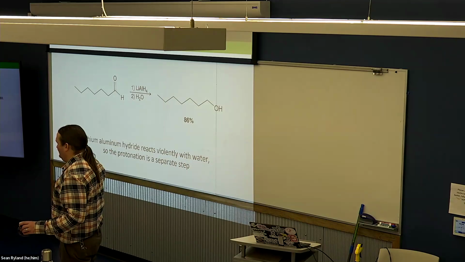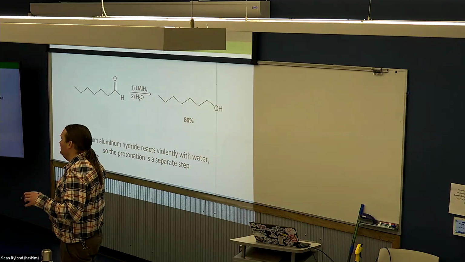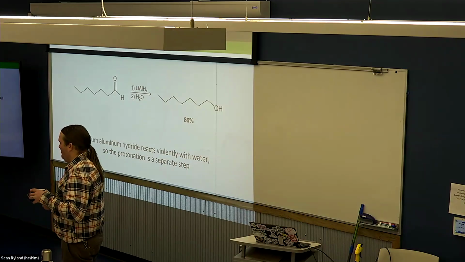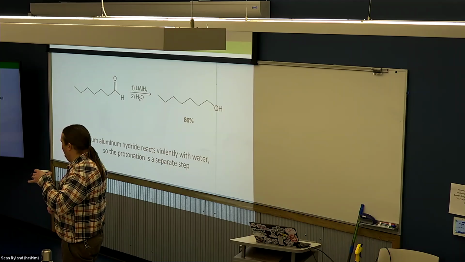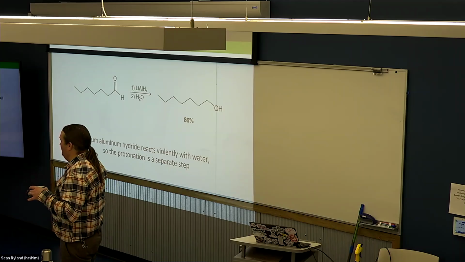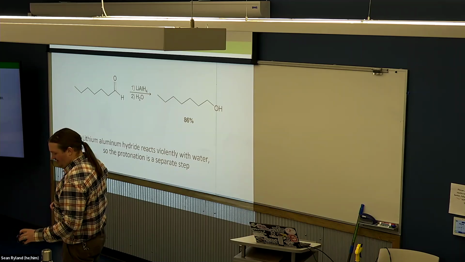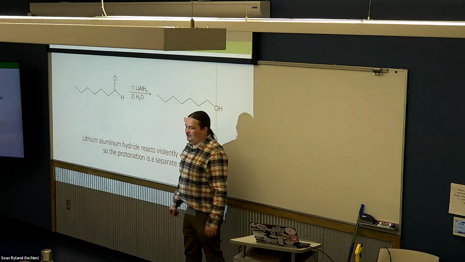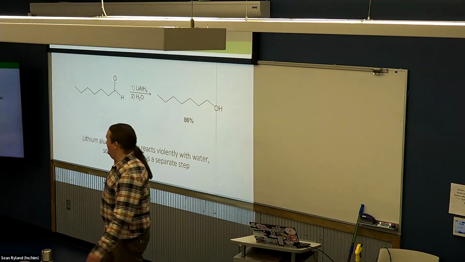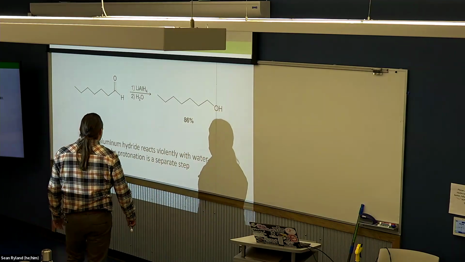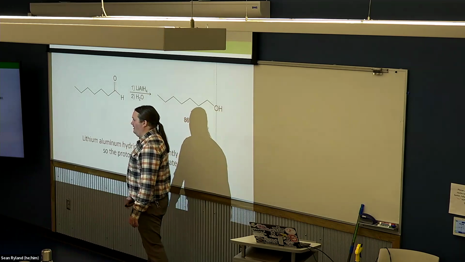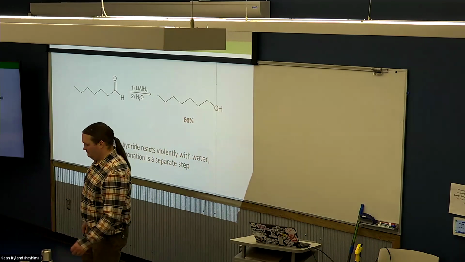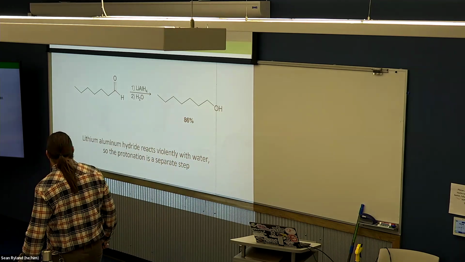And you make hydrogen gas. We know when we make hydrogen gas, we're now making a flammable gas. And this is also very exothermic. It says violently, but it heats explosively. So if you put lithium aluminum hydride in water, it's going to catch fire and then explode. So we don't want to do that.